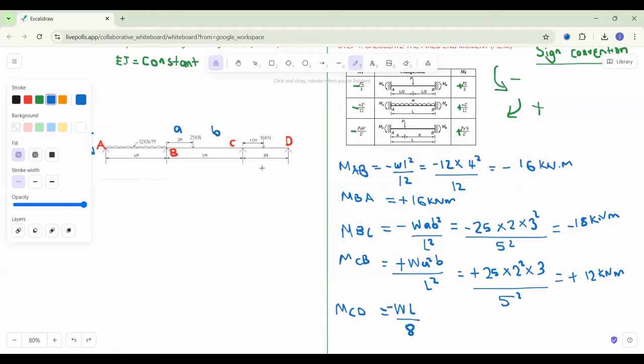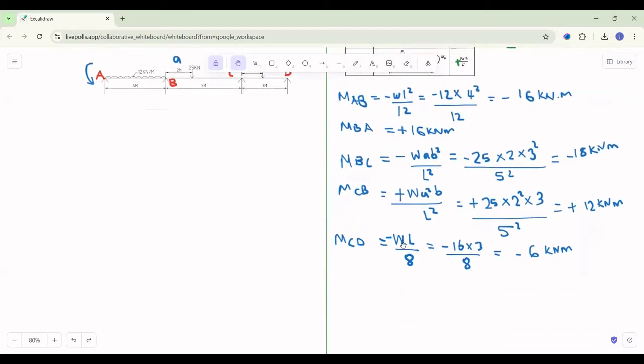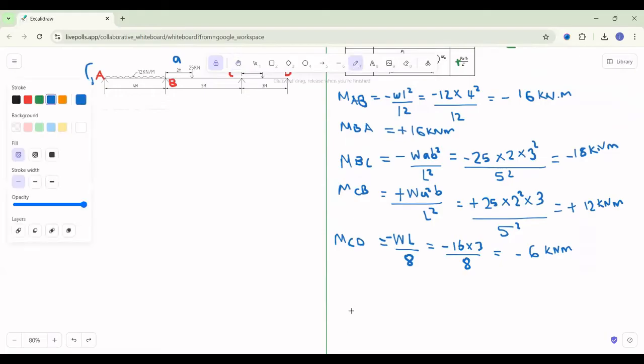This one is turning anti-clockwise like this. So if you work it out, you'll get negative 2 times 10 divided by 8. If you work out this, you'll get negative 6 kilonewton meter. All right. So MDC will be positive 6 kilonewton meter.